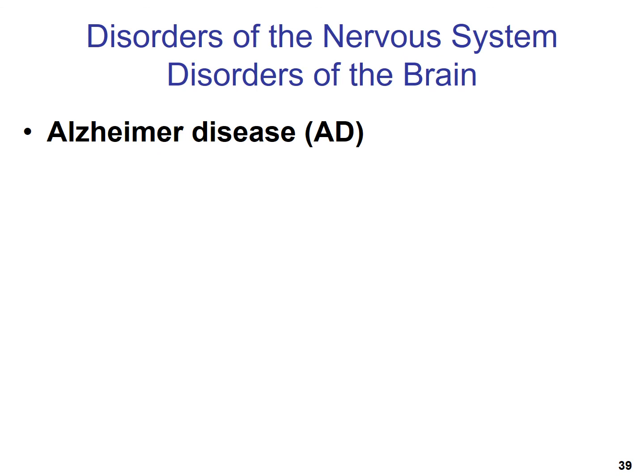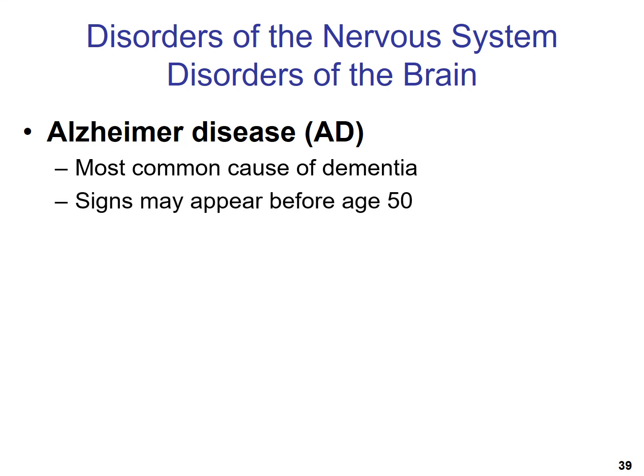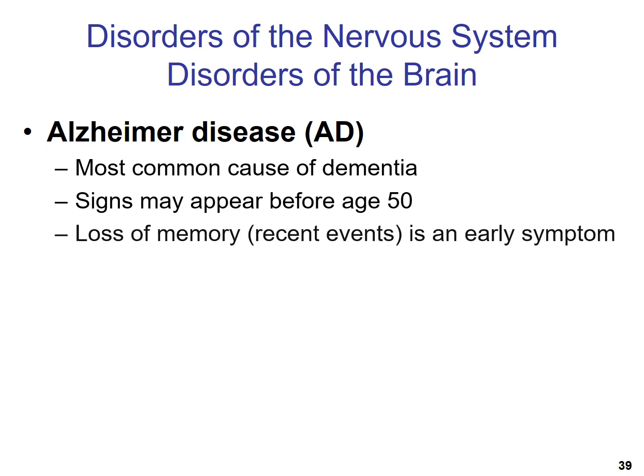Okay, Alzheimer's disease is another disorder of the brain, and it's the most common cause of dementia. Early onset Alzheimer's disease can appear before age 50, but most of the time it happens to people who are more senior than that. Loss of memory of recent events is an early symptom, and my mom's mother, my grandmother, died of Alzheimer's disease.